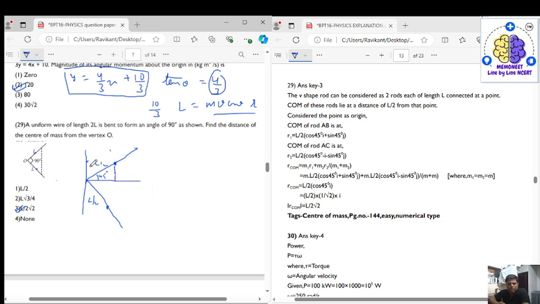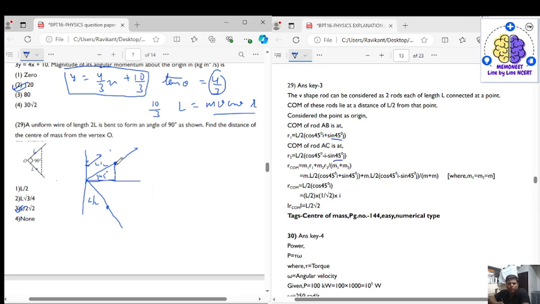So this point will be L by 2 sine 45, and this length will be L by 2 cos 45.